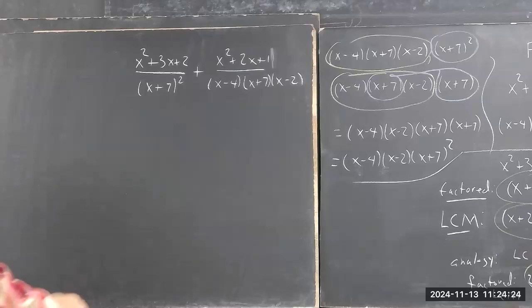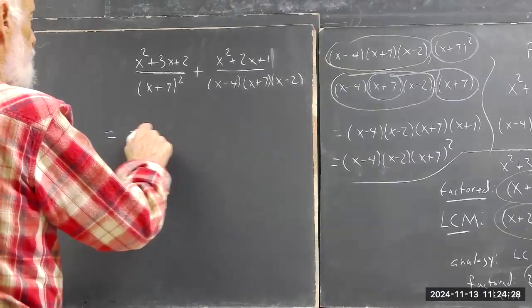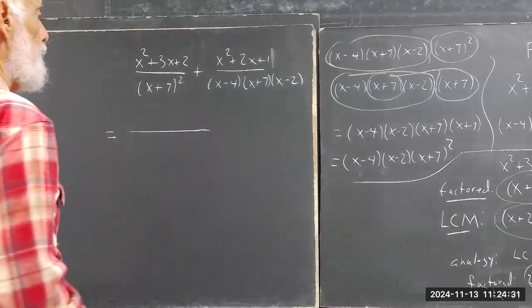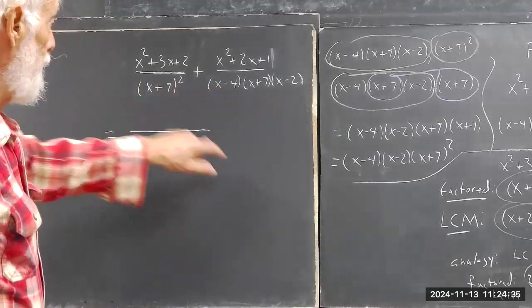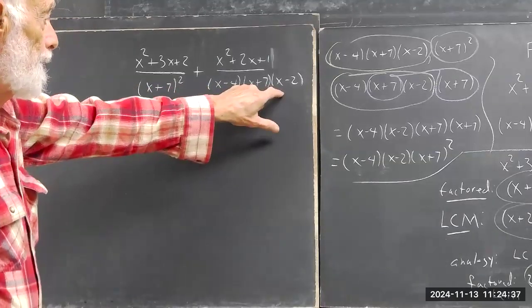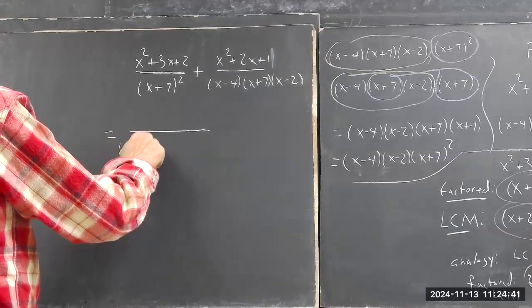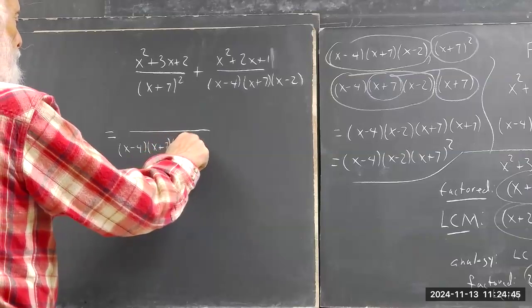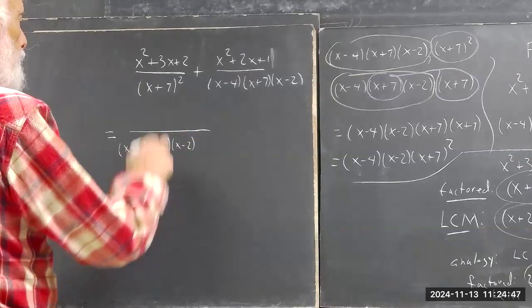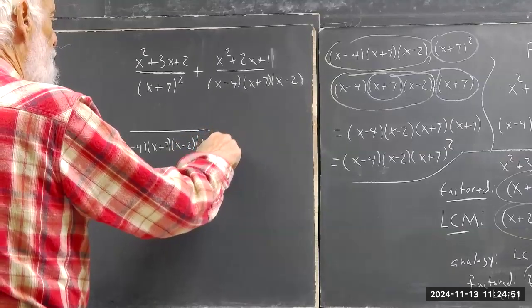And we want that to equal something over the least common multiple. Now, we've already seen the least common multiple of this contains this, but it's also got to contain another one of these. There's our least common multiple.